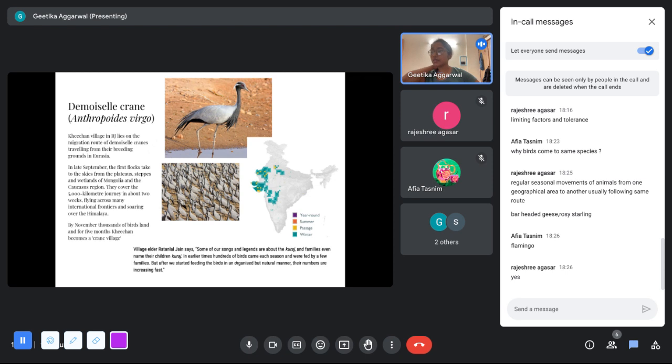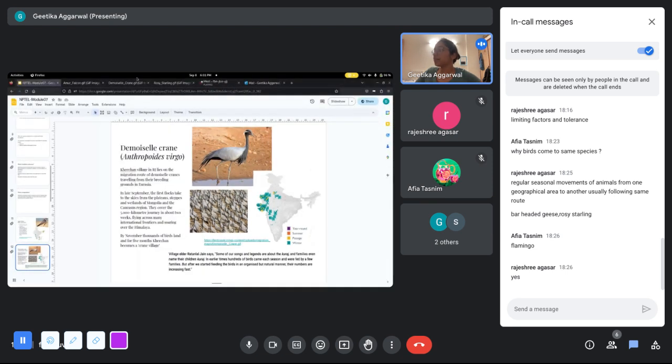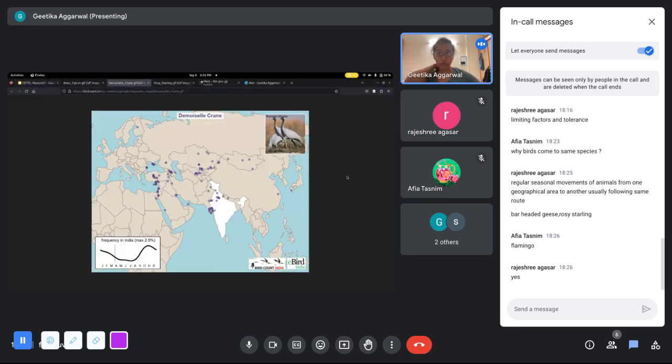And in the earlier times, hundreds of birds came each season, and the villagers there in Khichan village feed them. They get up early in the morning and feed these cranes, and now they've started getting them in huge numbers because of this feeding ritual that the people there follow. And again, we're going to look at the GIF that shows us the distribution of this particular crane across the world across the year.